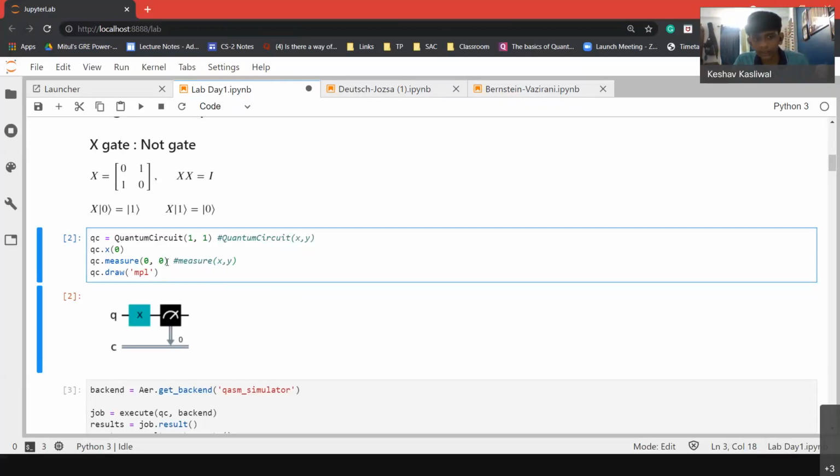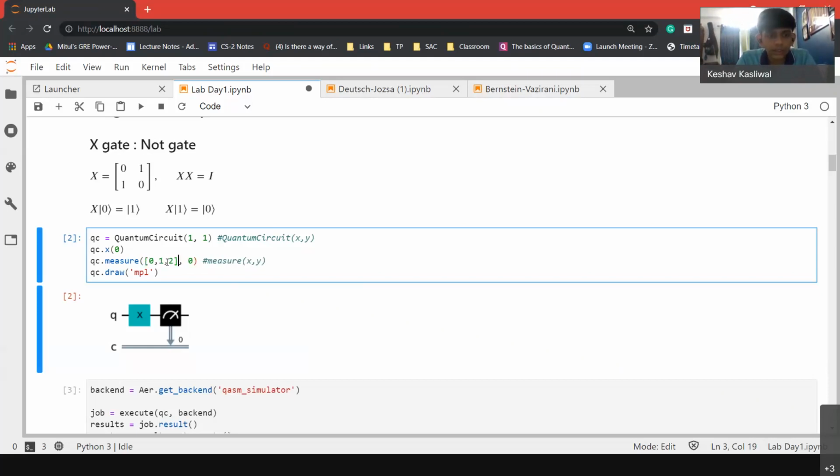The first 0 mentions the qubit; however, this could be a list of values as well. Since there is 1 qubit over here, I don't have any option but to keep it as it is. But let's say we had a list of qubits, 2 to 3 qubits, and we needed to measure all of them. What we do here is, let's say we have 0, 1, 2.